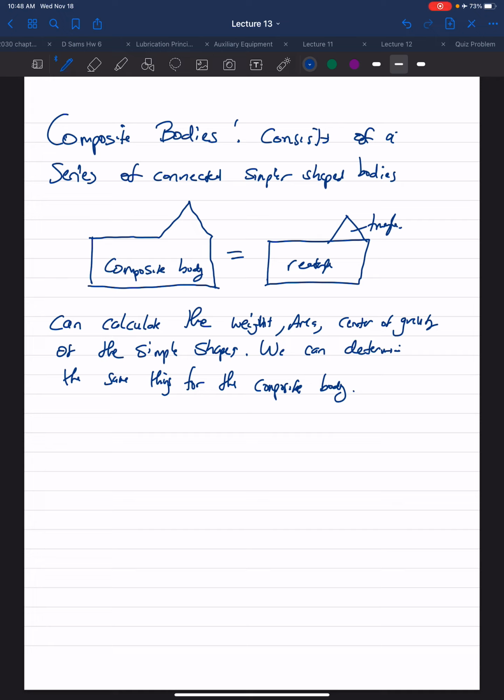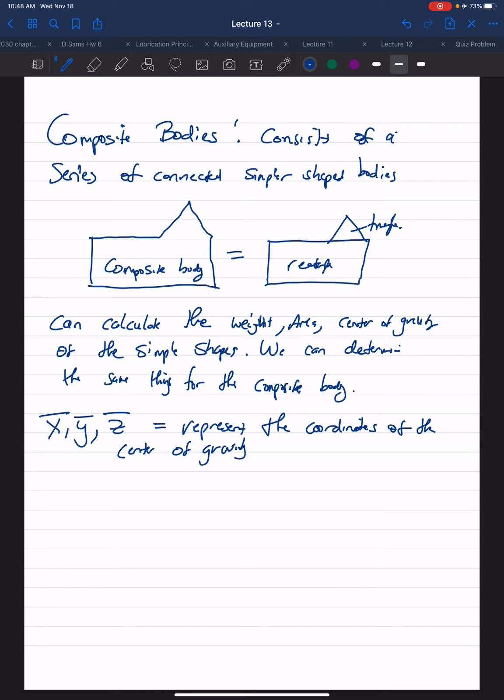So some terms we need to define: X bar, Y bar, and since we're in three-dimensional space, Z bar, which has a solid horizontal bar on top of these symbols. These variables represent the coordinates, X, Y, and Z axes, of the center of gravity, which is G, center of gravity G, of the composite body.